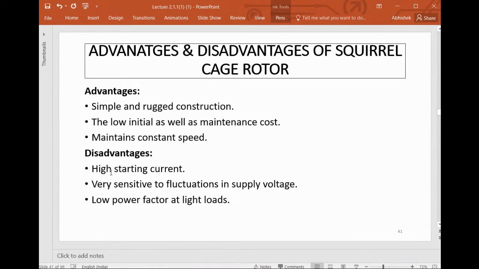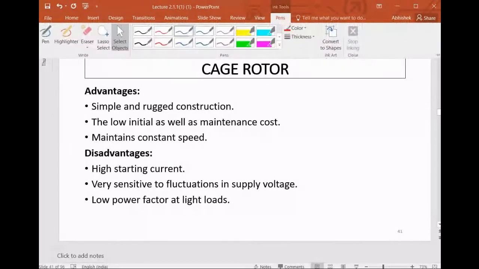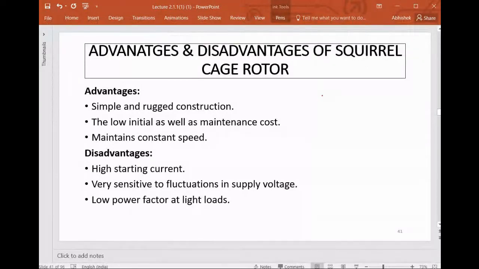First one is that a high starting current is required to start this rotor, and it is very sensitive to fluctuations in the supply voltage. So why is this very sensitive to the fluctuation of supply voltage? Because in a single phase supply you will see that sometimes you receive 120 volt, okay, and sometimes you receive 130 volt.